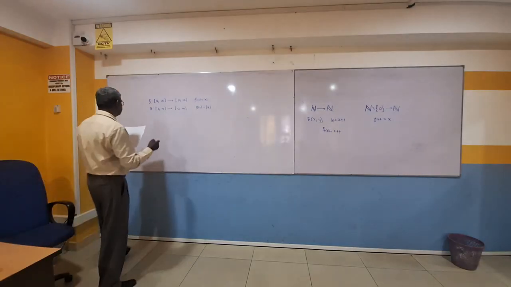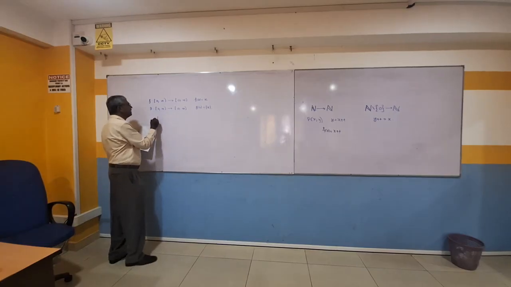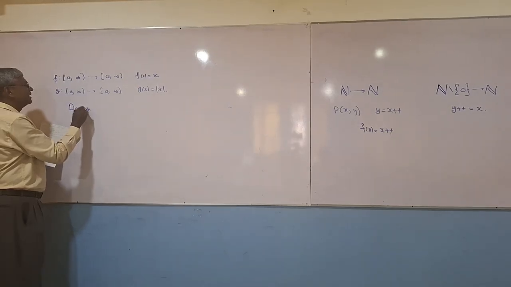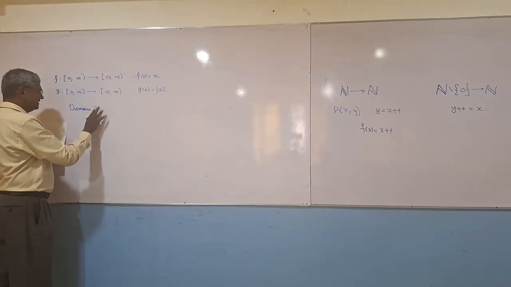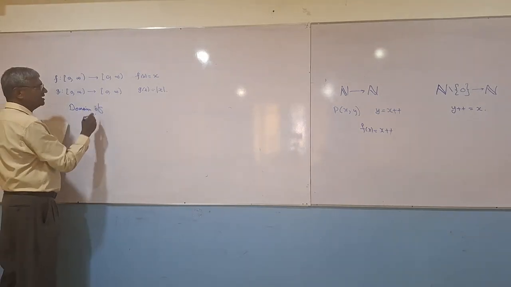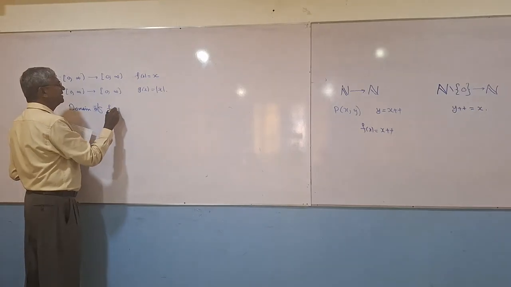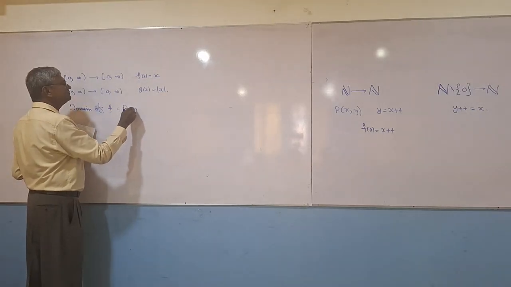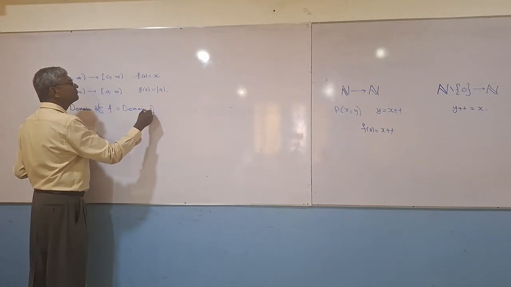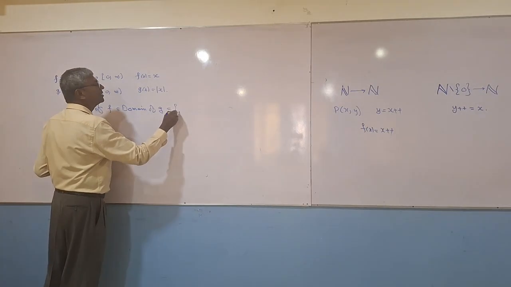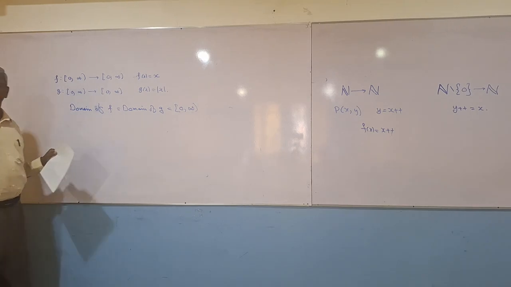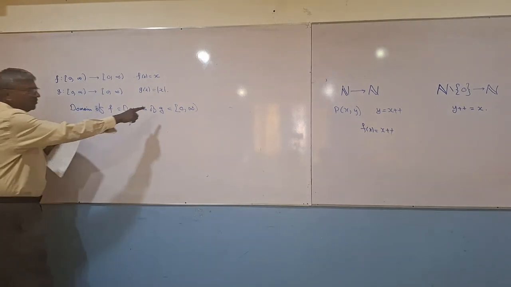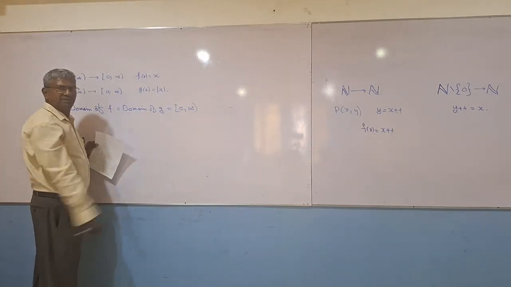Now, here, when you look at it, both domain of f, let me write in English because there's no notation. Domain of f is equal to domain of g is equal to the left-closed interval [0, infinity). I say left closed because of this parenthesis.